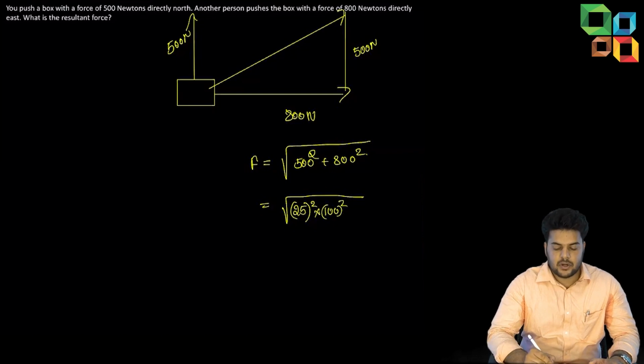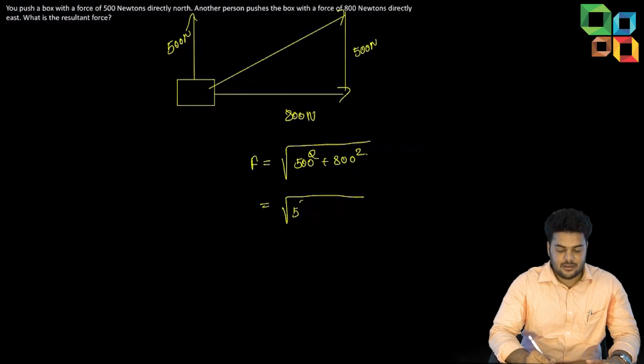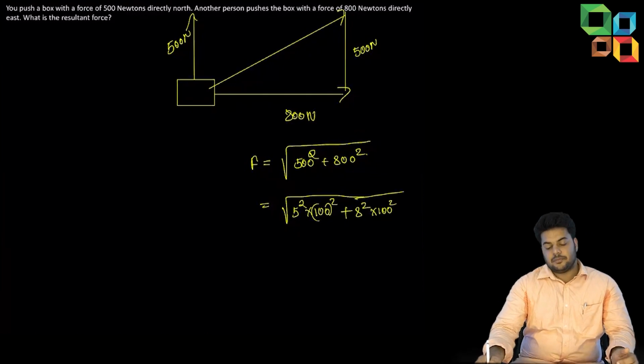Let's keep it as 5 squared into 100 squared plus 8 squared into 100 squared.